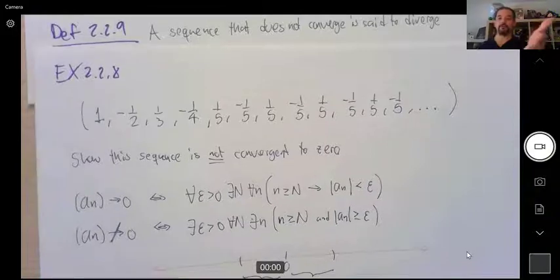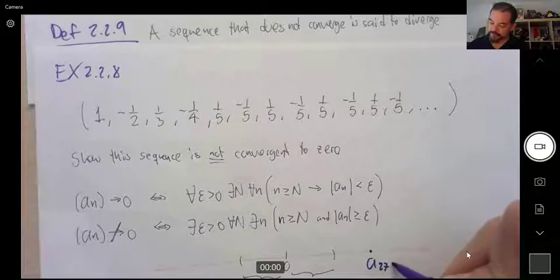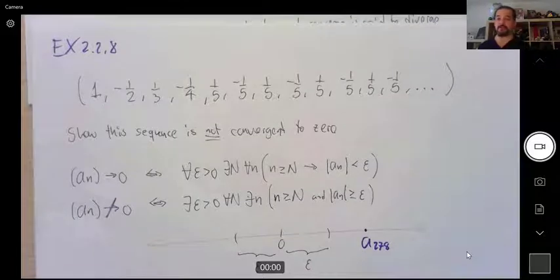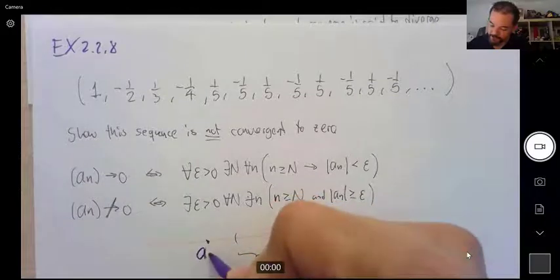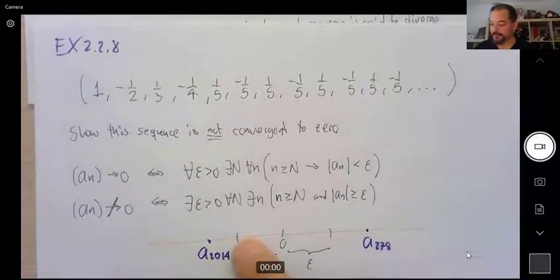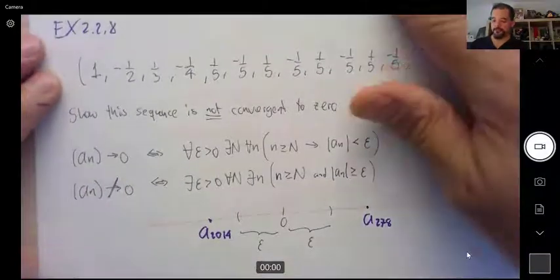You tell me a number, 134, and I tell you, okay, for 134, A sub 278 is outside that interval. Then you say, how about 1,000? For 1,000, there's another one, 2014, that is outside the interval. Whatever number you tell me, I'm going to be able to find an even bigger one that is outside this interval. That's the definition.